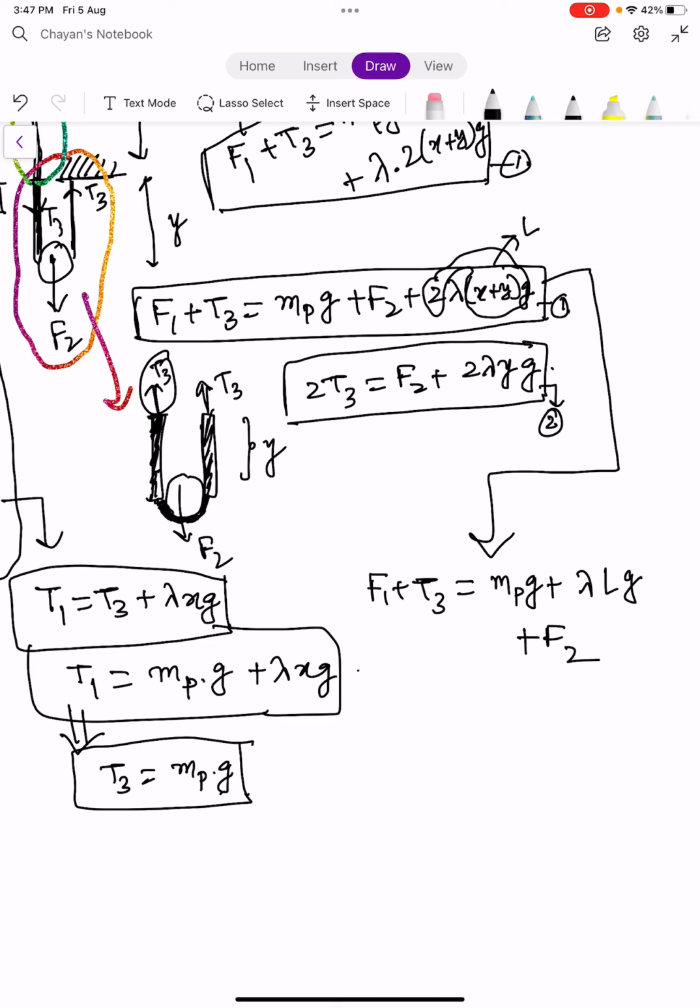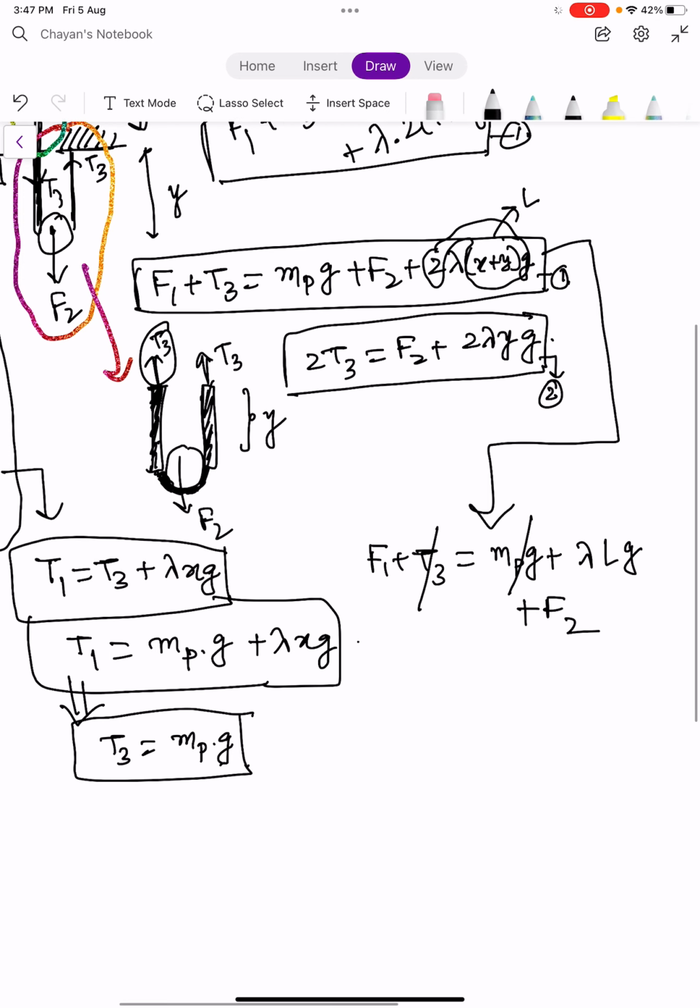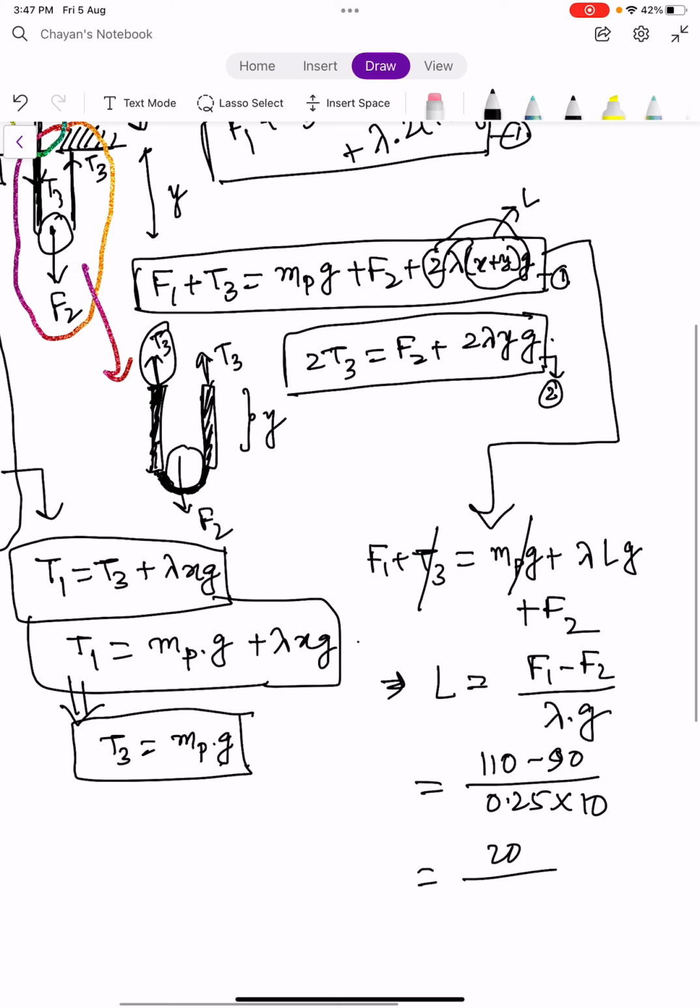You can now cancel T3 and MP into G, and we find L equals F1 minus F2 by lambda into G. F1 is 110, F2 is 90, lambda is 0.25, and G is 10. So this is 20 by 0.25 into 10, which comes out to be 8. So this is our final answer.